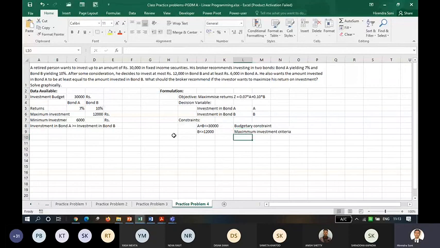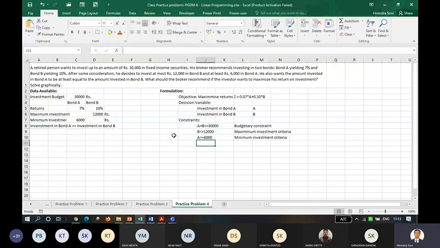Okay. Next is A has to be greater than or equal to 6,000. So minimum investment criteria. What about this one?